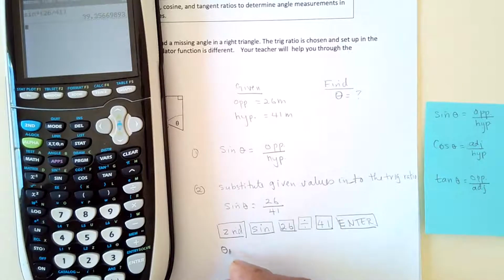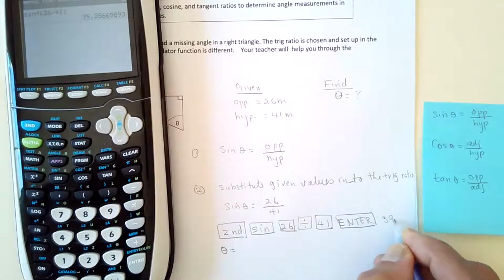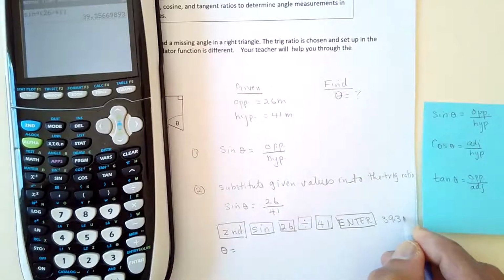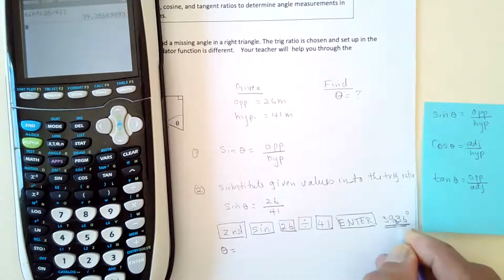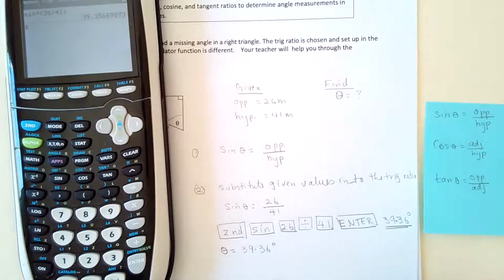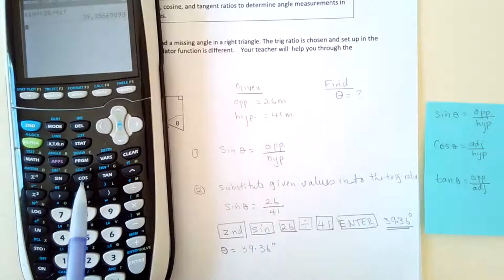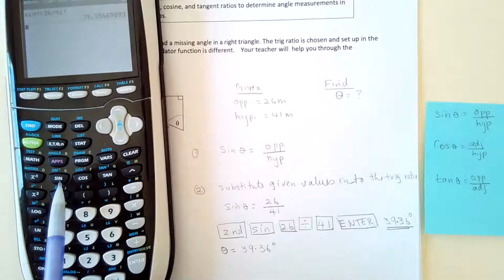So theta is 39.36 degrees. Be careful whenever you're finding the measurement of an angle: you have to press your second button first, then your sine. In this case, I'm pressing the sine button.